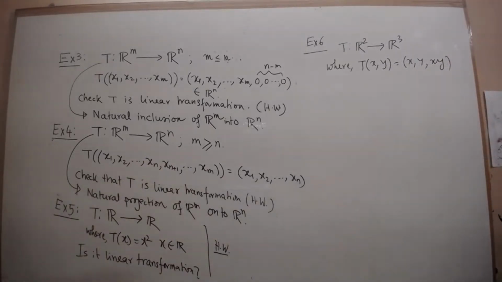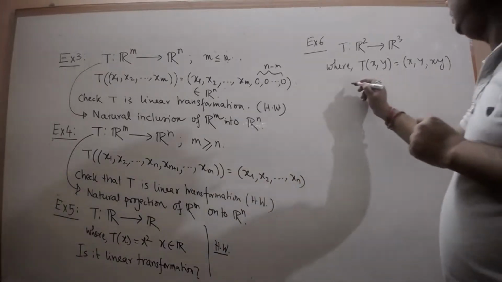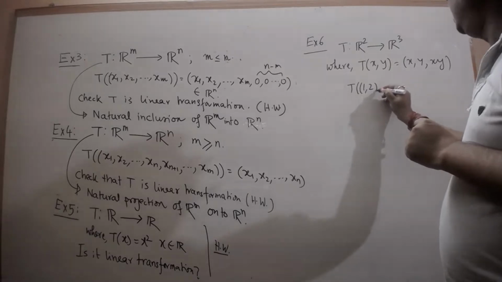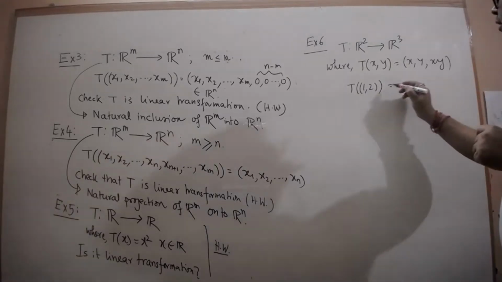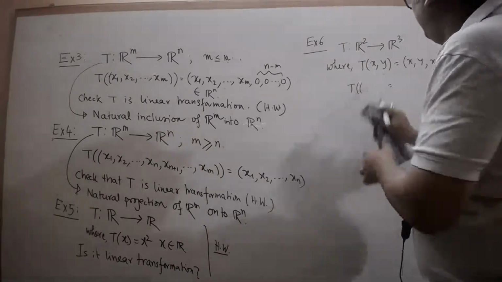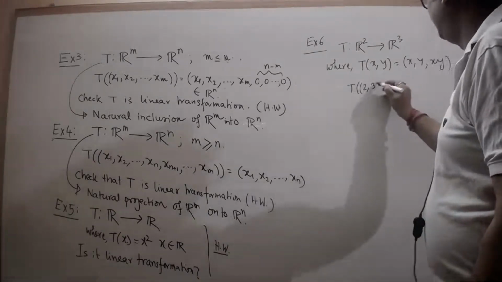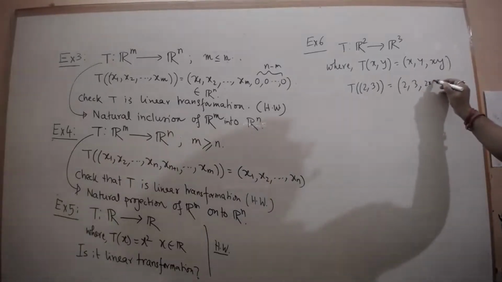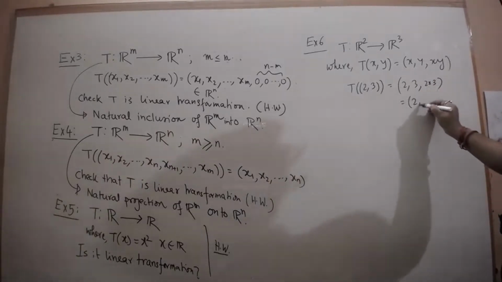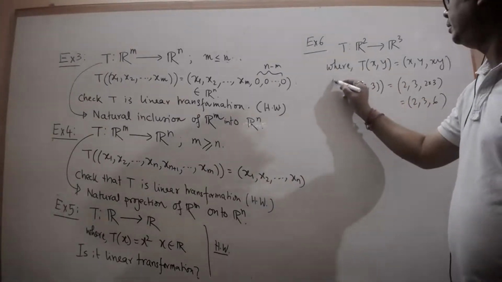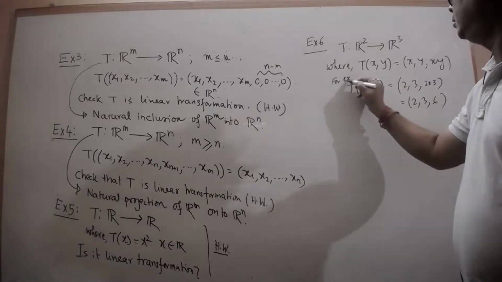Third component is the product of x and y. For example, if you take the vector (2, 3), then it should be (2, 3, 6).